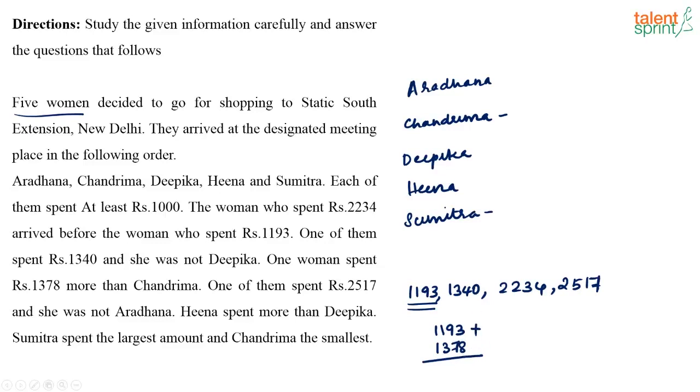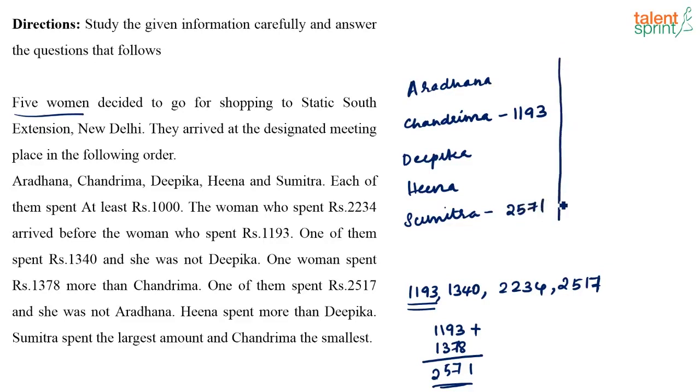See, it is given there is one person who spends 1378 rupees more than Chandrima. So this will be 2571. So if I say Chandrima is the one who is spending 1193 rupees, then Sumitra will be spending 2571 rupees.